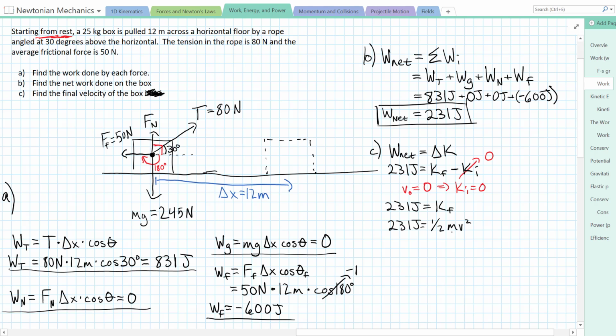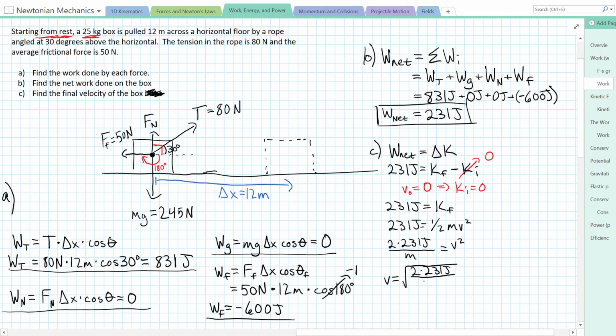We multiply both sides by 2 and divide by mass. We end up with 2 times 231 joules divided by mass is equal to v squared, which means v is equal to the square root of 2 times 231 joules divided by the mass, and the mass is given in the problem. It's a 25 kilogram box.